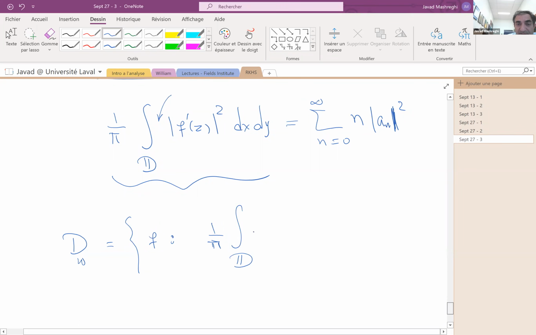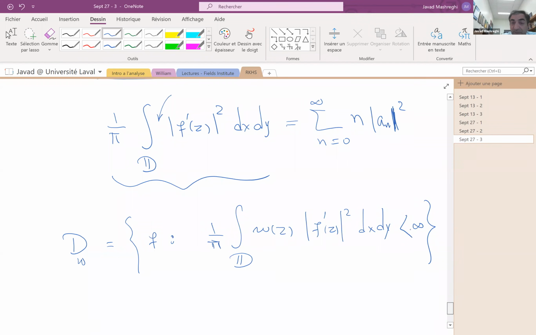The important thing is ω. And ω is something positive. It can be equal to 0, but not on a big set. That's not our concern here.